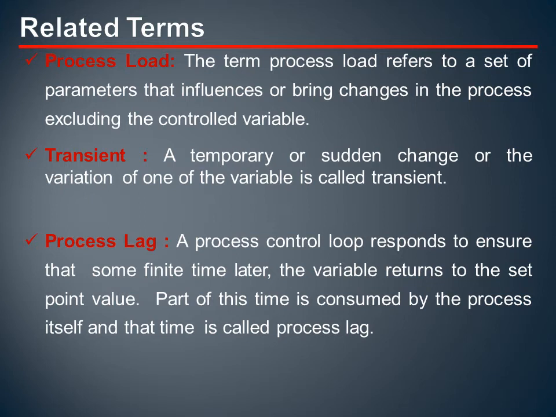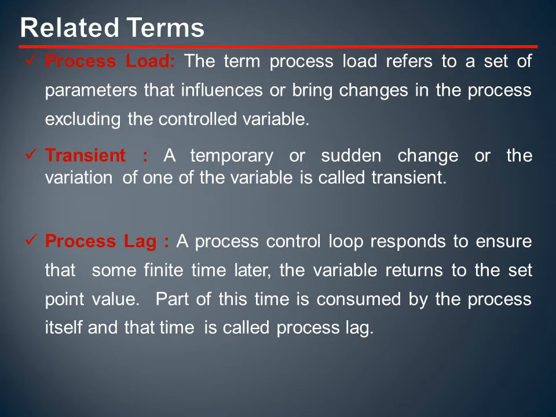Next is process lag. A process control loop responds to ensure that some finite time later the variable returns to the set point value. Part of this time is consumed by the process itself, and that time is called process lag.